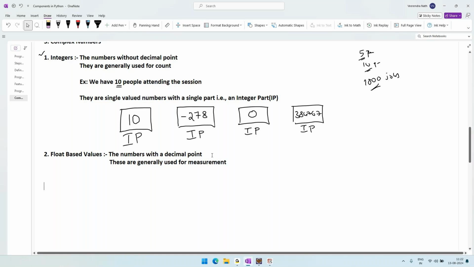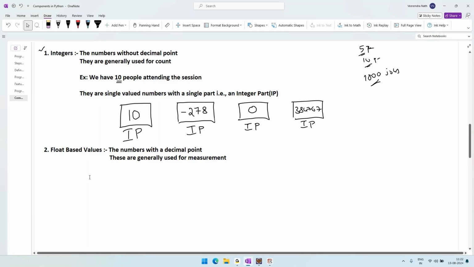So for measuring, suppose for example, the length of the blackboard is 15.26 centimeters. So the length of the blackboard, 15.26. Okay, like this we can generally go for it.